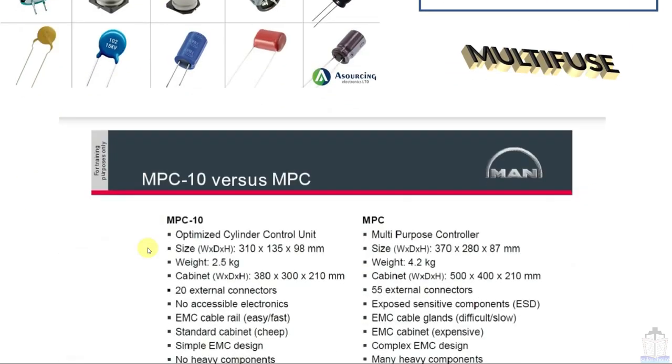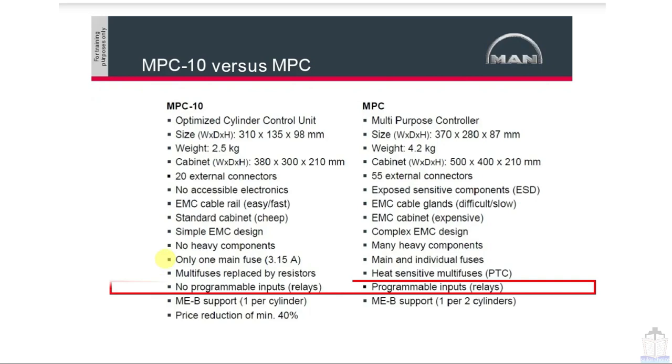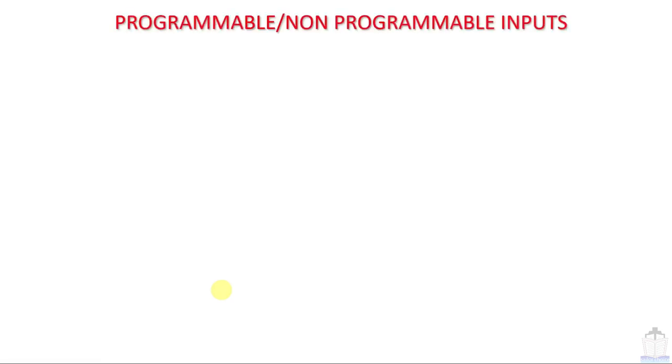Now moving to next, this MPC 10 has no programmable input, and in MPC lots of programmable inputs are there. Now the question is, what is a programmable input and what is a non programmable input? In order to understand that, we are going to the next topic.